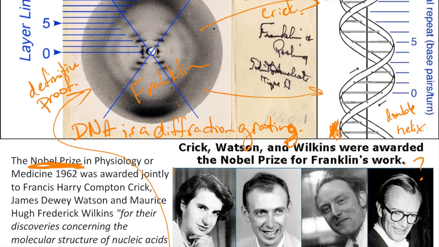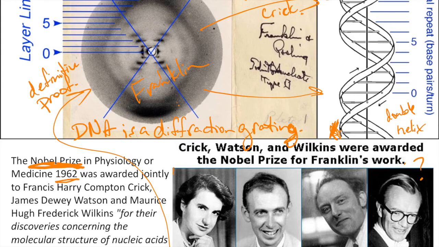And so they gave this work a Nobel Prize in 1962. Their policy is that they will not give the Nobel Prize to someone who has already died. You have to be living in order to get the Nobel Prize. But Rosalind Franklin had already passed away. And so they decided to just give the Nobel Prize to Watson and Crick and Wilkins, who were still alive.